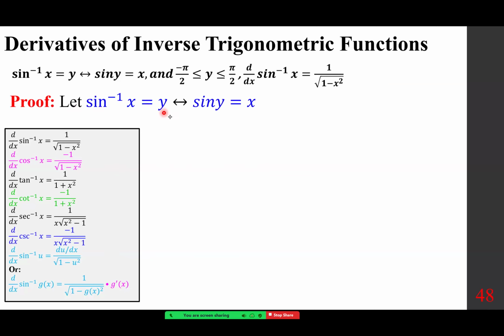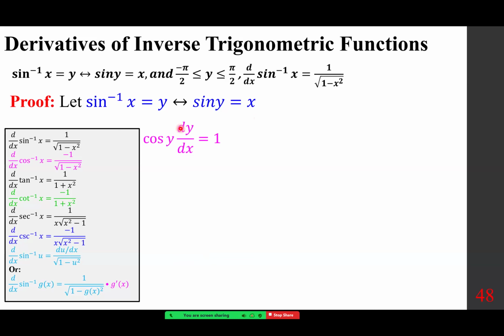Let sine inverse of x be y, and by definition this becomes sine y equals x. So here's the proof. Implicit differentiation. We are going to differentiate both sides implicitly with respect to x. And so this becomes cosine y times y prime or dy dx. Please understand y is a function of x. So cosine y dy dx, and x gives you 1.